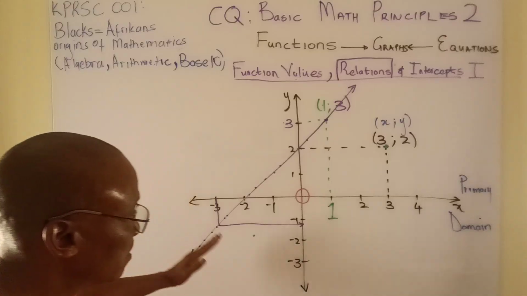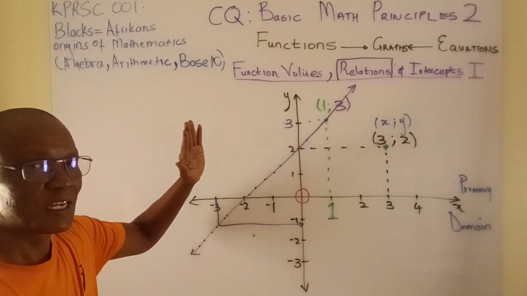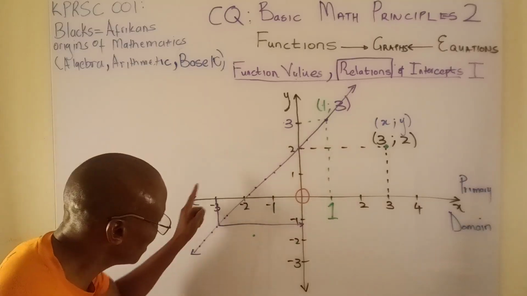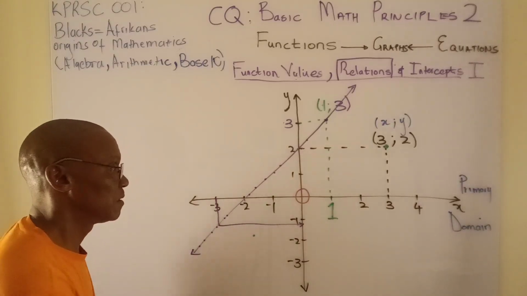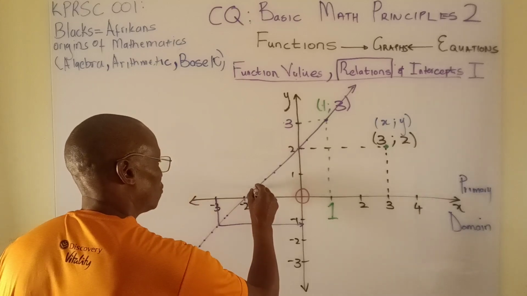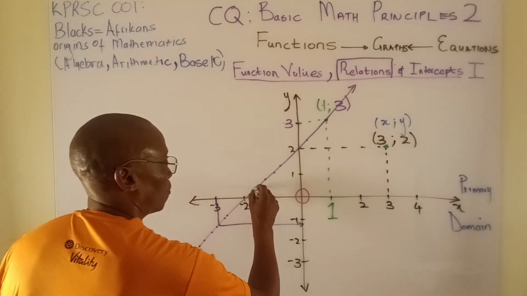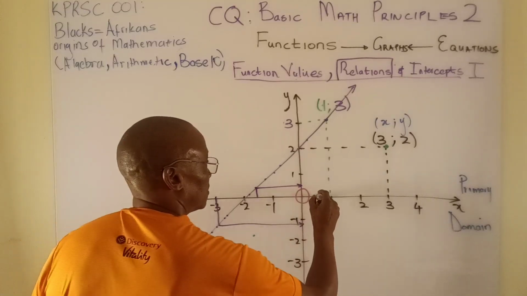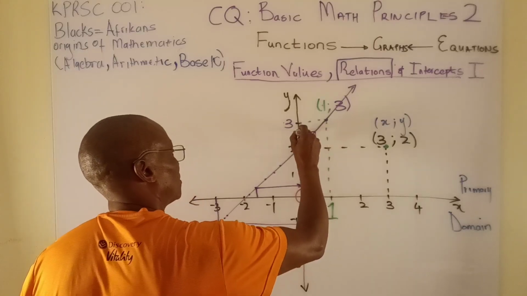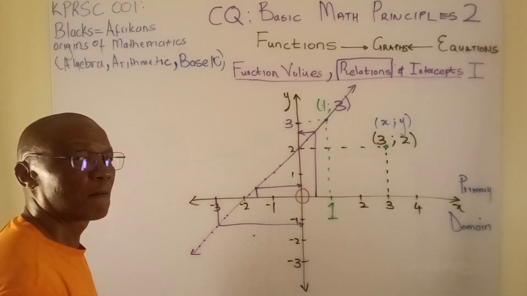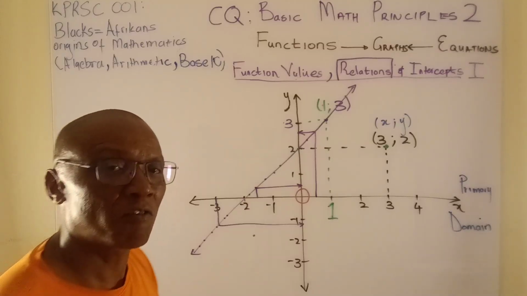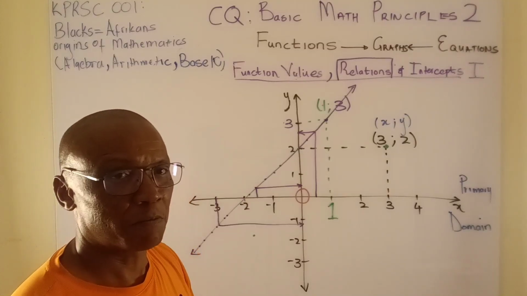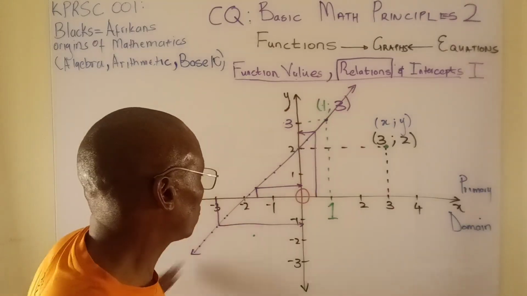The line itself relates specific values of x, I can choose any, with specific values of y. It's a selection of points, many of them, such that we just draw a line.